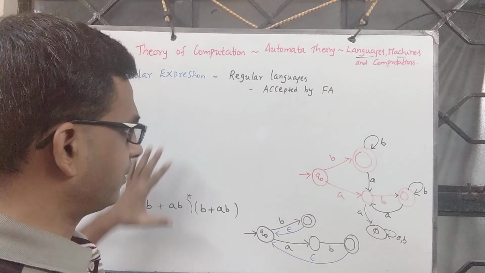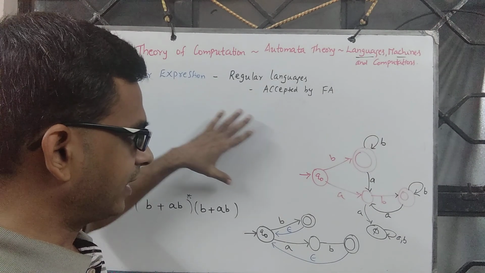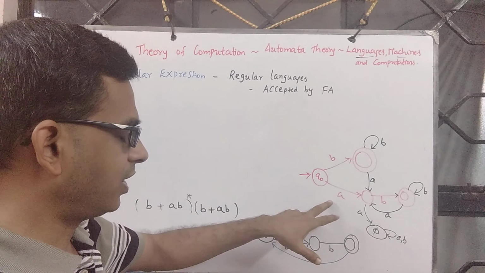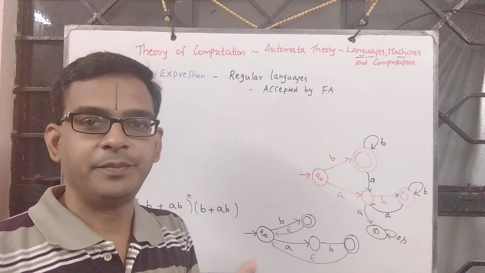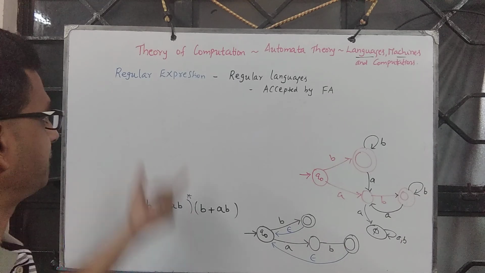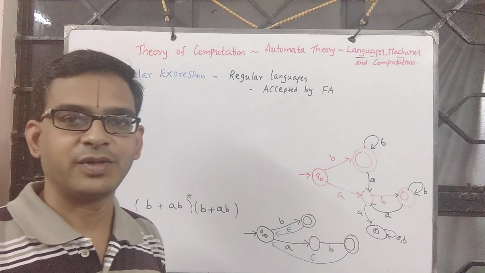Now the idea is the following. You have a set of strings that is accepted by a finite automaton, could be an NFA with epsilon or a deterministic finite automaton. Can that set be expressed in some succinct form? That's precisely this. Okay, let's explore some more questions like this.